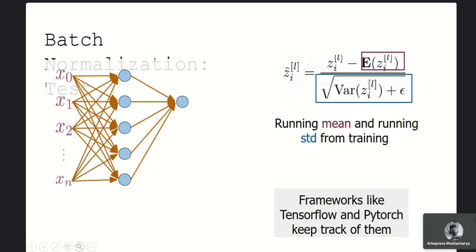Frameworks like TensorFlow and PyTorch keep track of the mean and the standard deviation, and you simply have to use a batch normalization layer like we'll be using in our model. But just to give you an idea of what batch normalization is, what its purpose is, and how it helps in improving the speed of learning in our network.